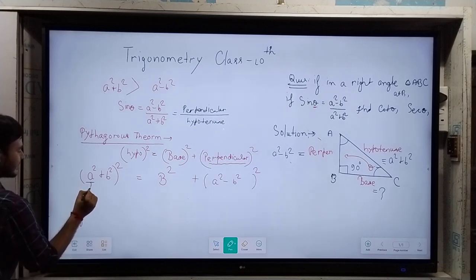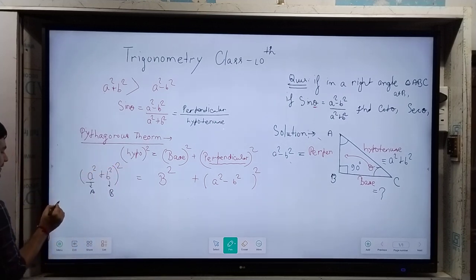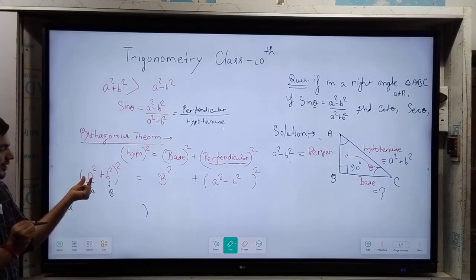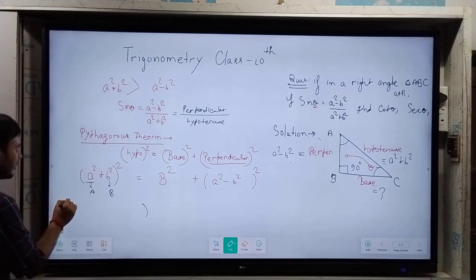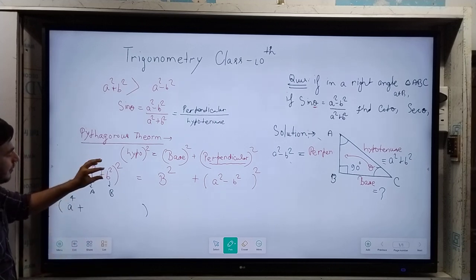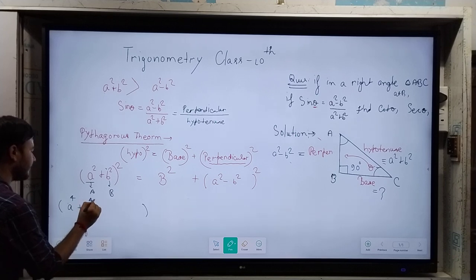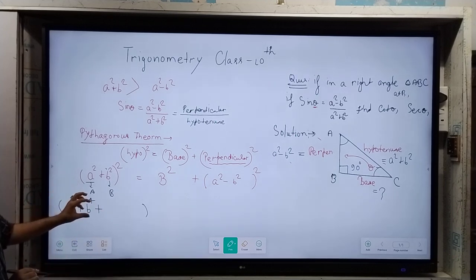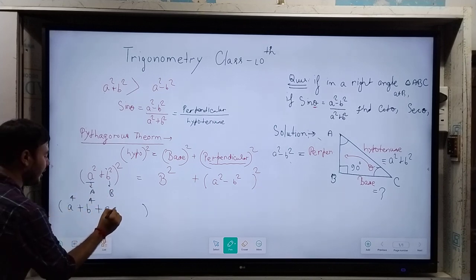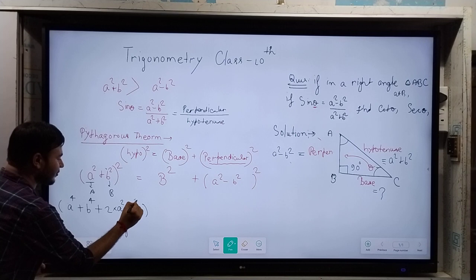A plus b, this is capital A, this is capital B. A plus b total whole square is a square at the place of A, we put a square, and a square squared will be a to the power 4, plus b square squared will be b to the power 4, plus 2 into a square into b square.